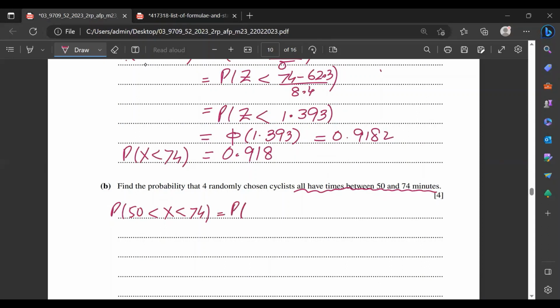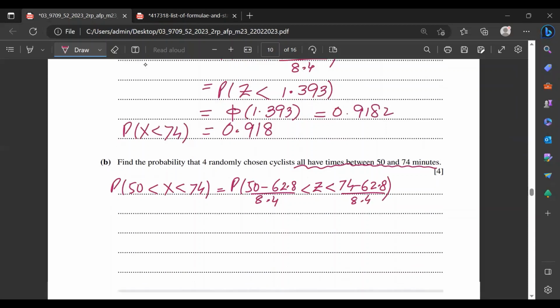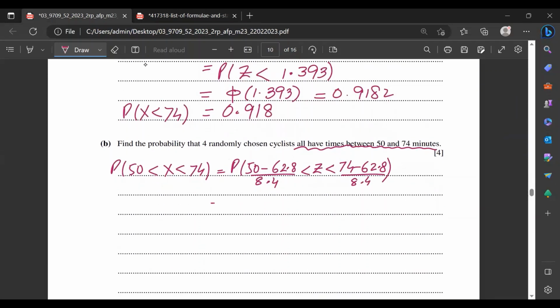So we need to standardize it first. 50 minus mu over sigma, we have (50 minus 62.3) over 8.4 less than z less than (74 minus 62.3) over 8.4.